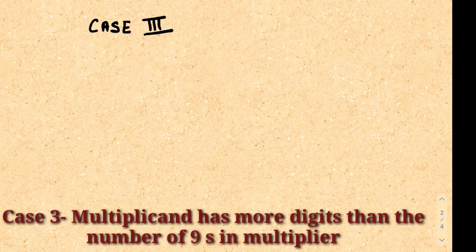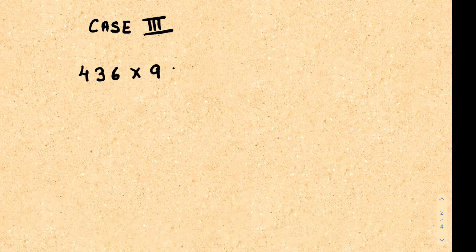So let's take an example. Suppose the first example we take is we multiply 436 with 99. Now, number of digits in the multiplier are only 2. That is, number of nines are only 2. And the number of digits in the multiplicand are more than the number of digits in the multiplier.